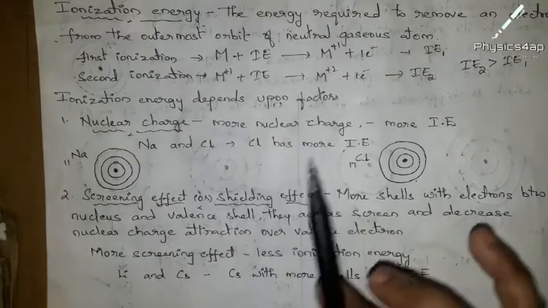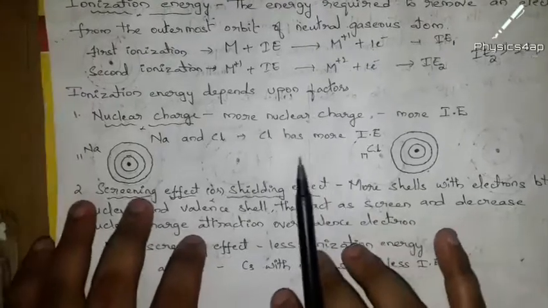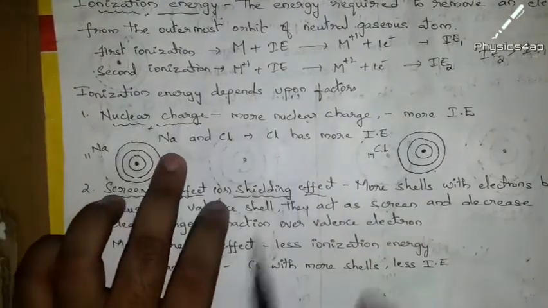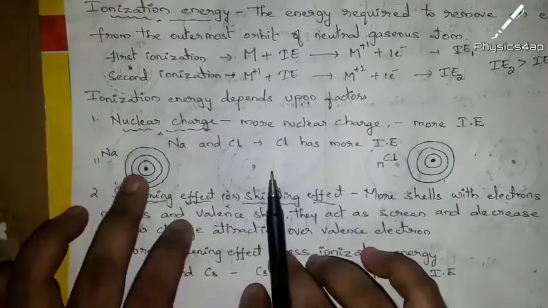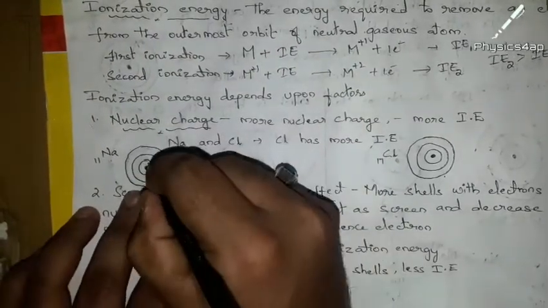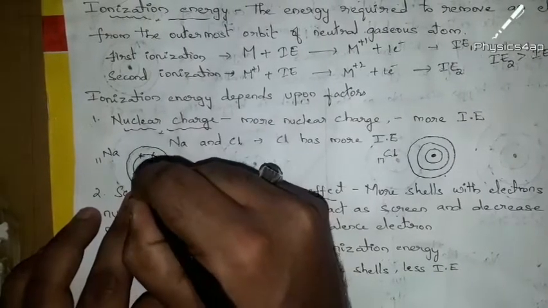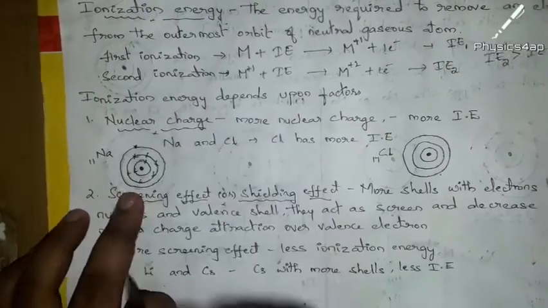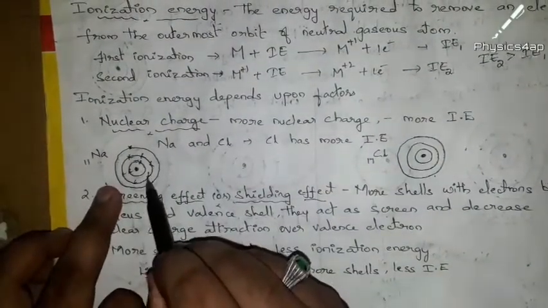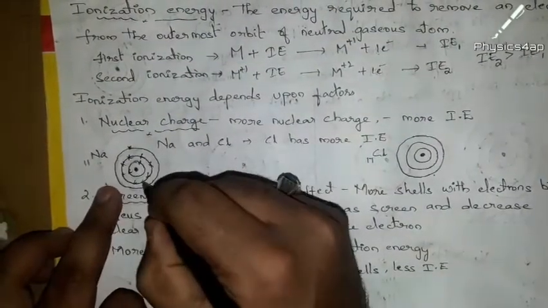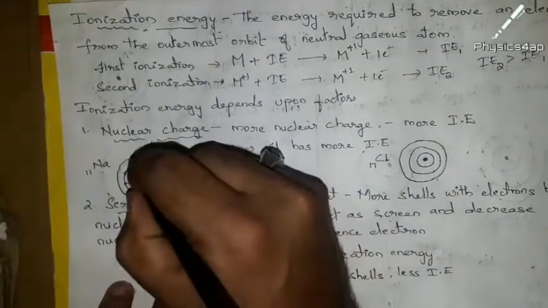We have sodium and we have chlorine. Sodium has 11 electrons, and chlorine has 17. Sodium has one electron in its outermost orbit, so we need to observe only this outermost electron.